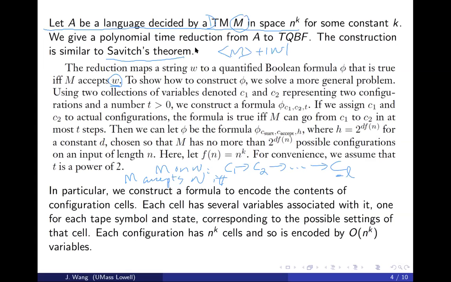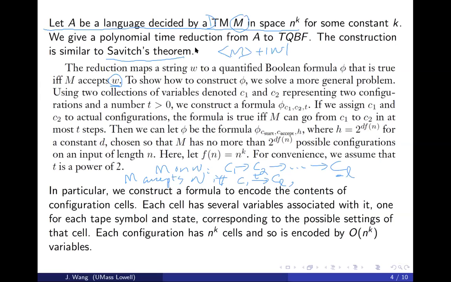So that means that C1 goes to CL in T steps. Okay, so this T is at most, as we know, the total number of different configurations is at most, let me write it here.